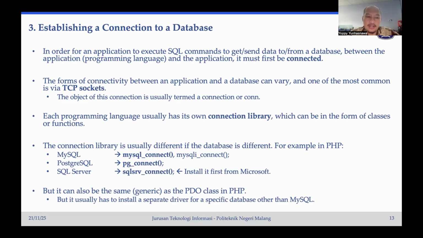And if we want to connect to PostgreSQL database management system, we can use the pg_connect function. Another example, if we want to connect to SQL Server, we can use sqlsrv_connect. But for you to be able to use this function, you have to install it first from Microsoft, so it is not installed by default in PHP.